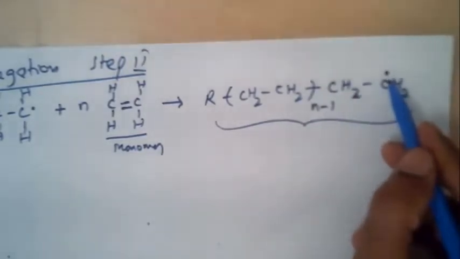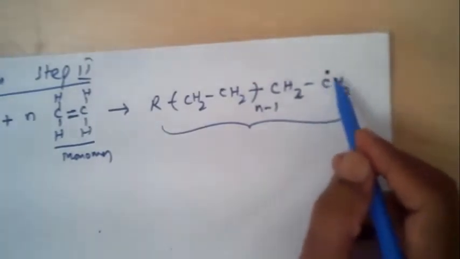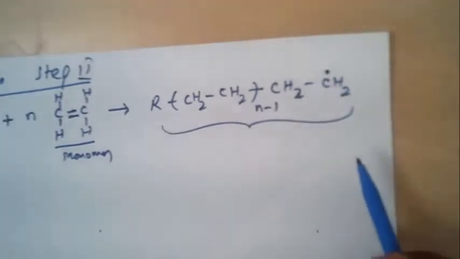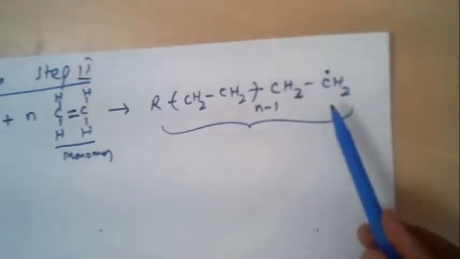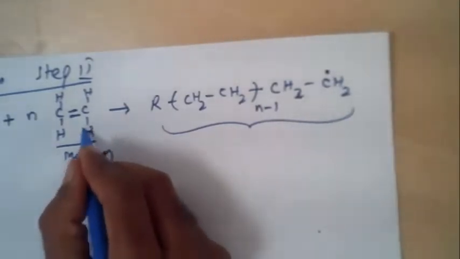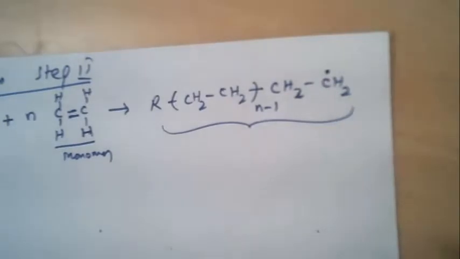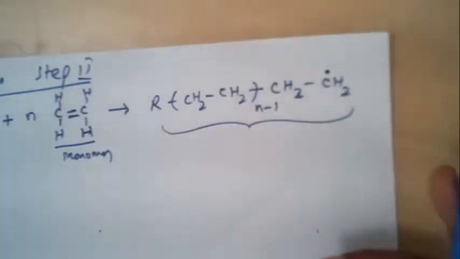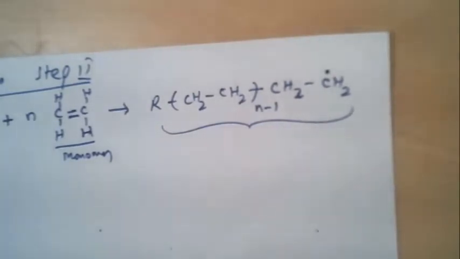As long as this radical is still intact, we call it a living radical, and the polymerization reaction continues. But if there are no more monomers, for example if all the monomers are consumed in the reaction, it has to undergo some sort of termination. Finally it terminates. That's step 3.